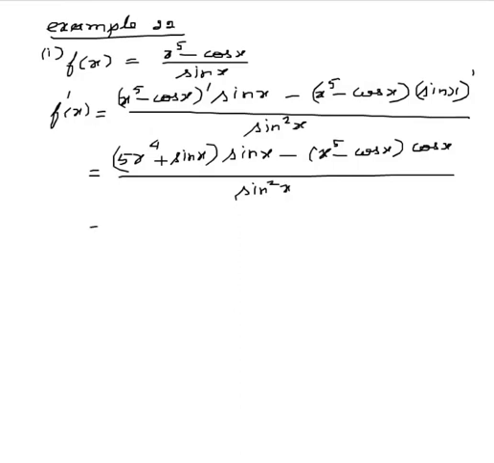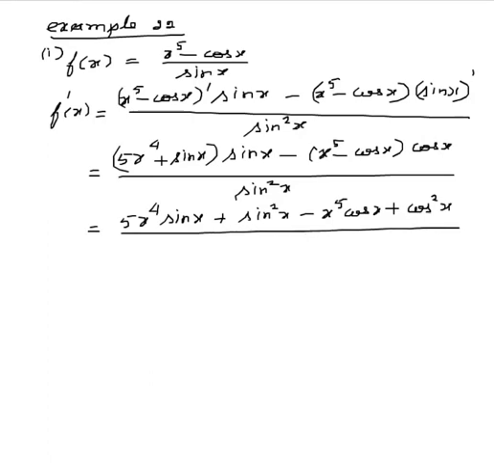Let us open the brackets. We get 5x raised to 4 sin x plus sin square x. Distribute the negative sign: x power 5 cos x, and minus of minus is plus cos square x, divided by sin square x.